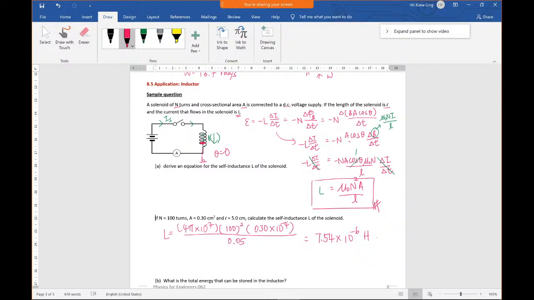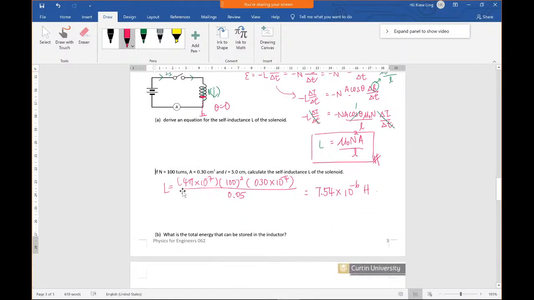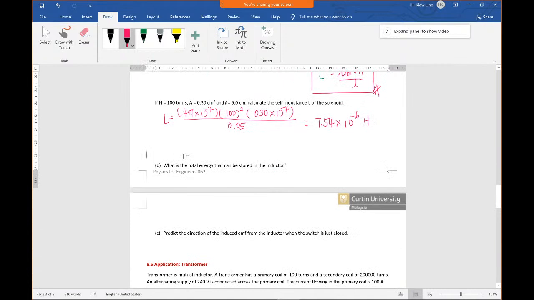Usually it will be more to application, whereby you need to do the calculation or you have to do explanation. The direct question like this will not be set in the final. Okay, so don't have to worry.